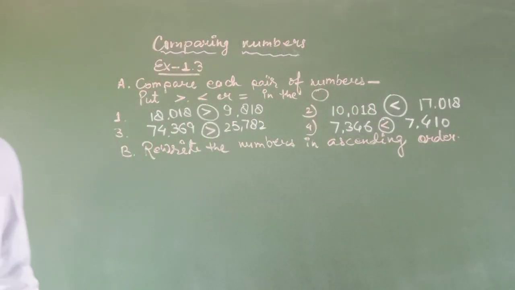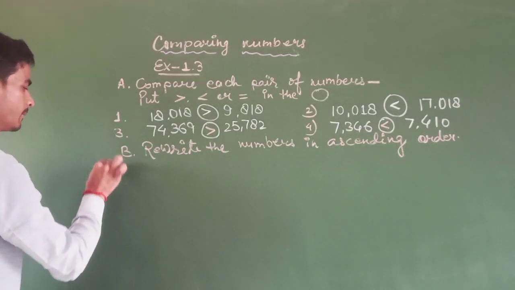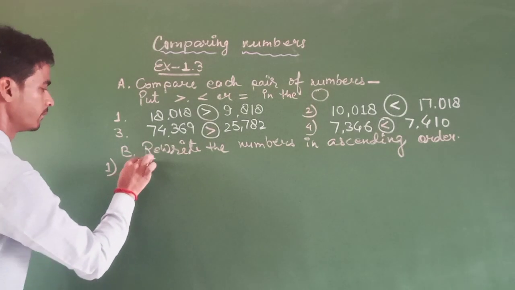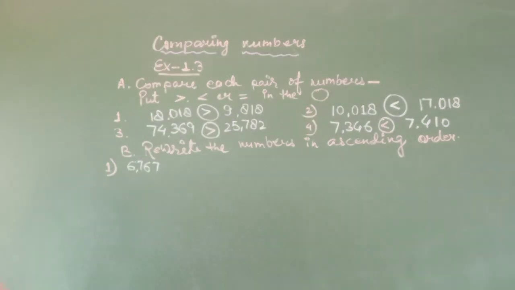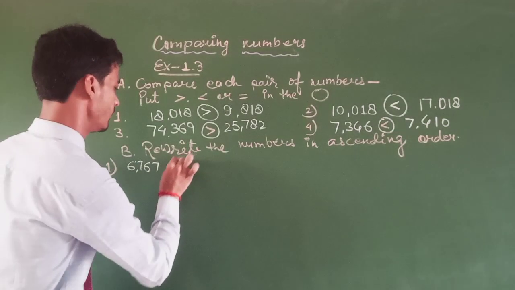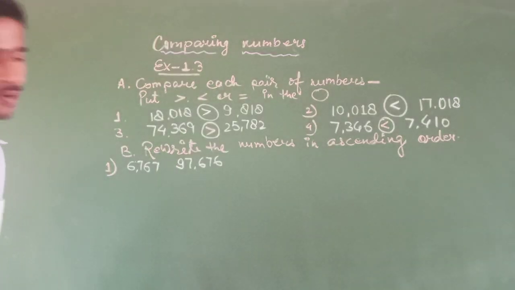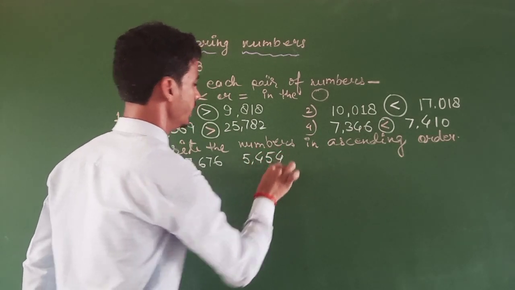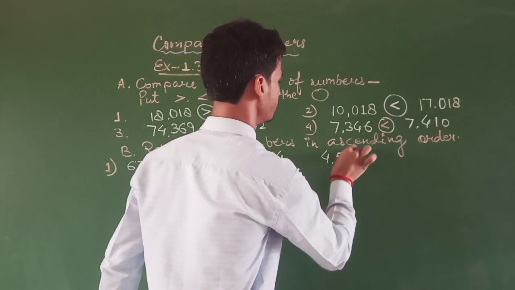The first question has 6,767, 97,676, 5,454, and 4,545.